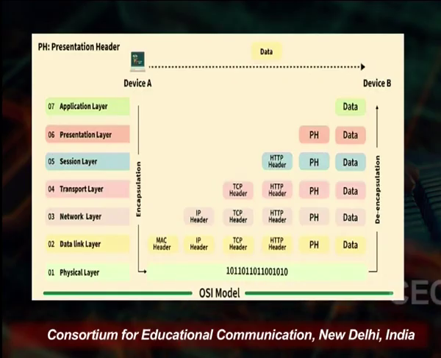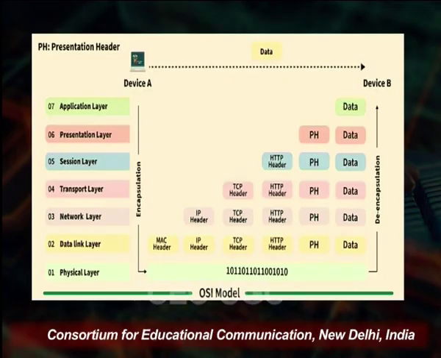Then, as you can see in the figure, the presentation layer only has the presentation header and the data, which is stripped off in the next step, and the application layer at the receiving side only has the data which was passed from the application layer at device A.